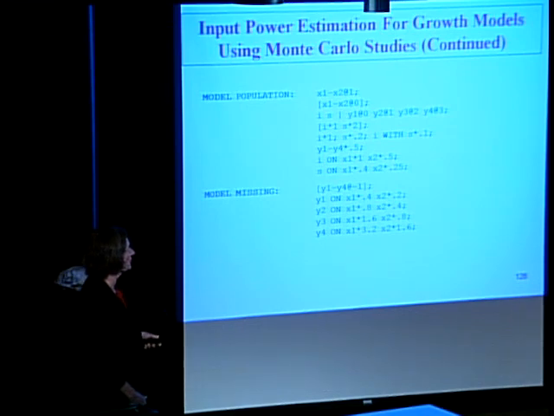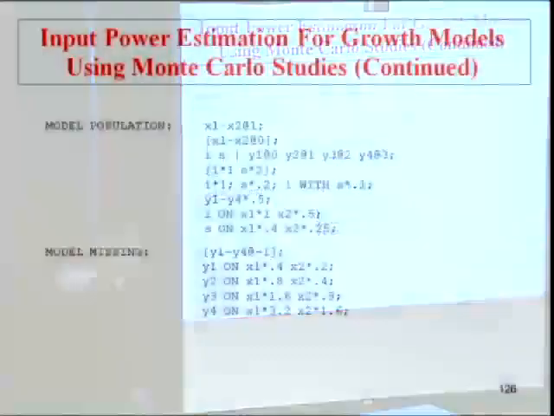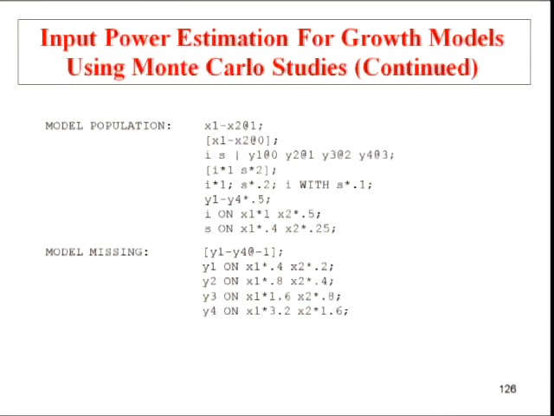So model population and model missing have to do with data generation. Model population tells you the model population parameter values. Model missing tells you how the missing data look. And it tells you that by using 4 binary missing value indicators where 1 is missing and 0 is not, and setting up logistic regressions and giving the intercepts.